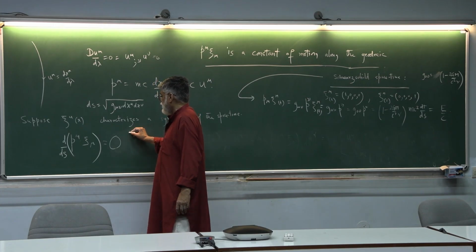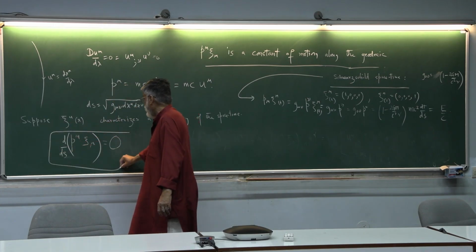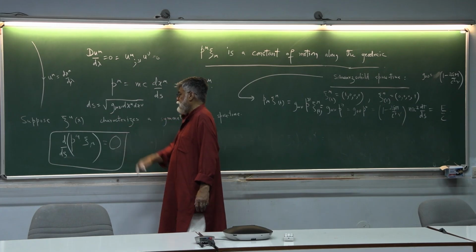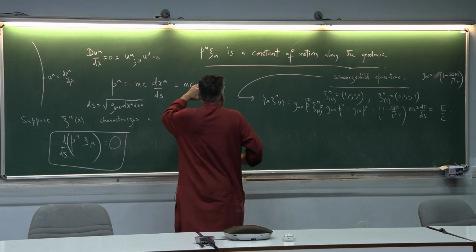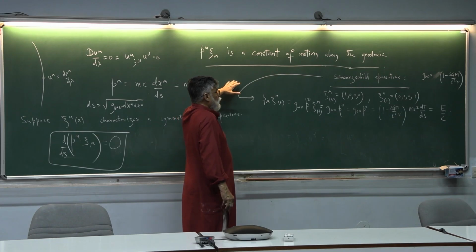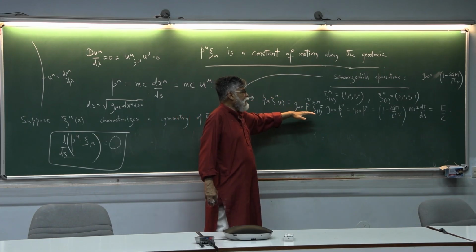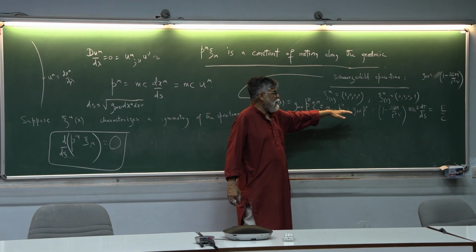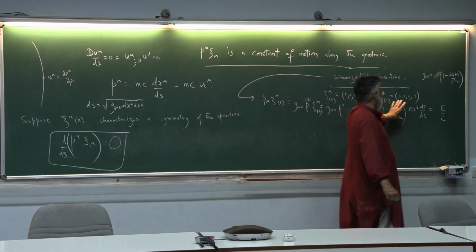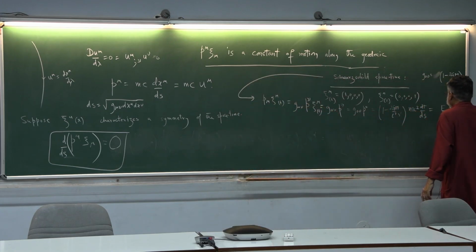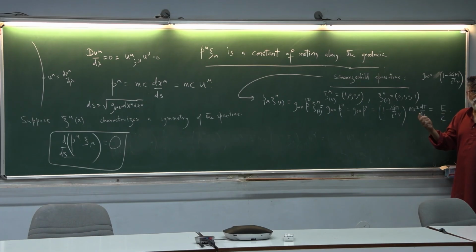So we have proved that if there is a Killing vector field, then along the geodesic there is a constant of motion, and we found that if you apply it to freely falling particles in the Schwarzschild space-time, this quantity is a conserved quantity, and this is what is E. So in particular, you can say that if a particle, due to some reason, as it is falling, I keep on drawing away its energy.